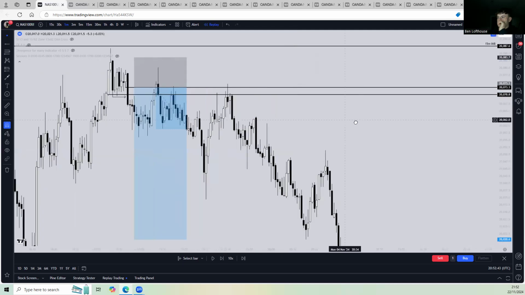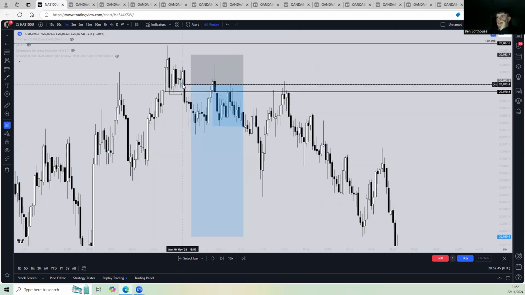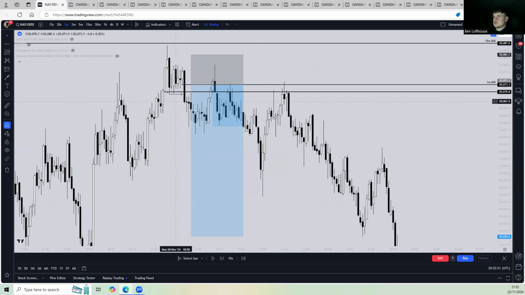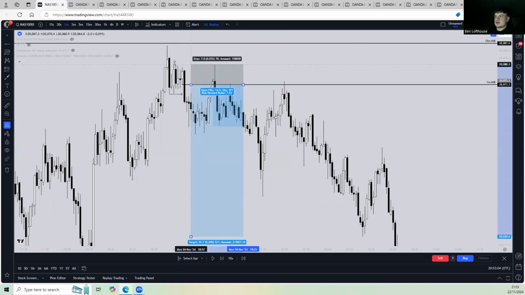So we came up, broke the structure, came into the 1 minute imbalance, into the 1 minute candle, the 5 minute candle. And you see, if I'd have had my stop loss there, you're risking getting taken out.